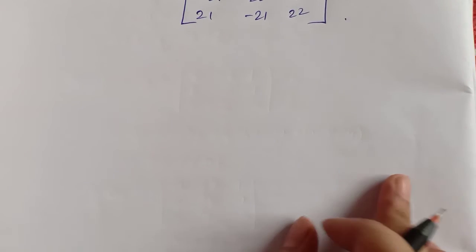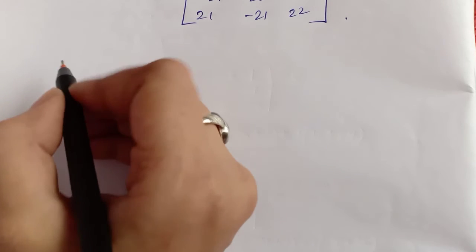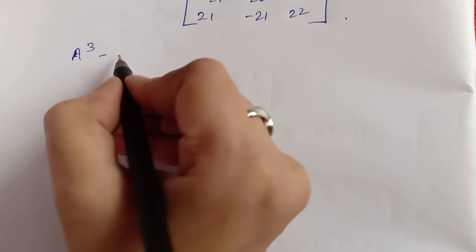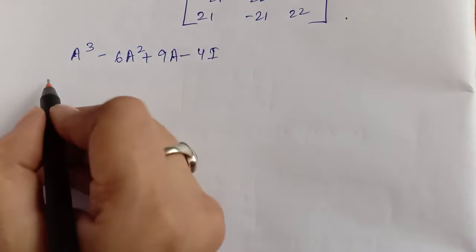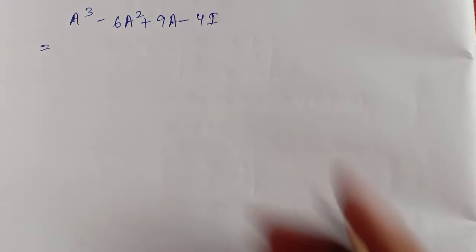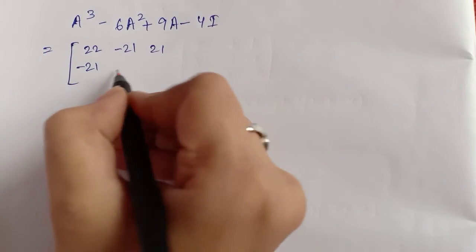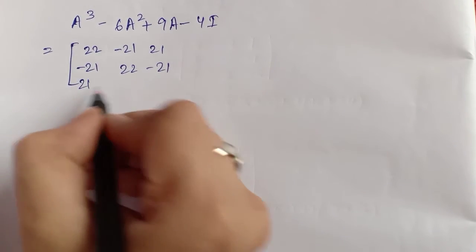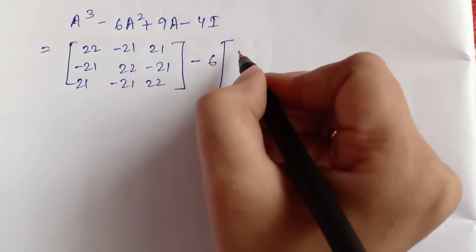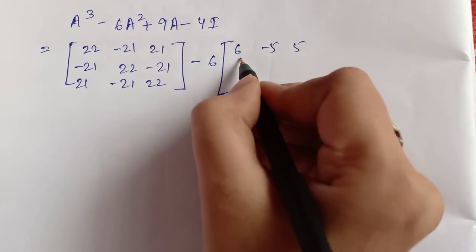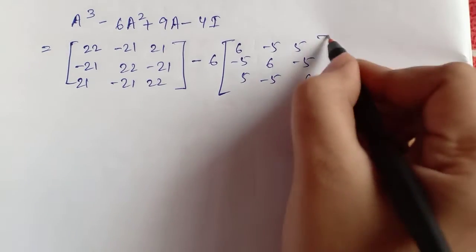So on putting the values of A square, A cube and the unit matrix I in the RHS, we get A cube minus 6A square plus 9A minus 4I. So we're going to put the values. This was A cube, then 6 times A square, where the value of A square was [6 -5 5; -5 6 -5; 5 -5 6].